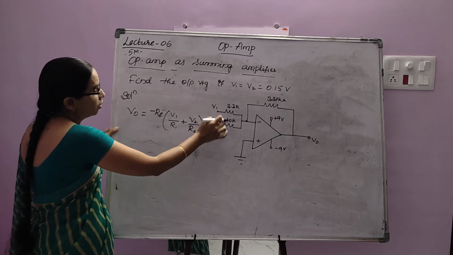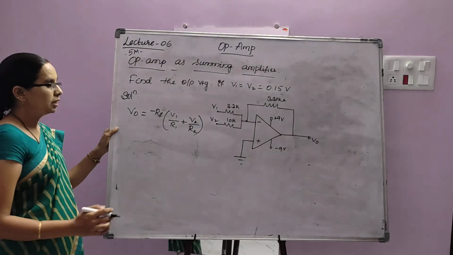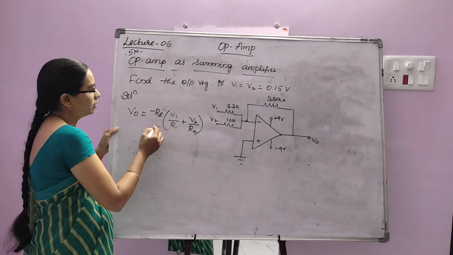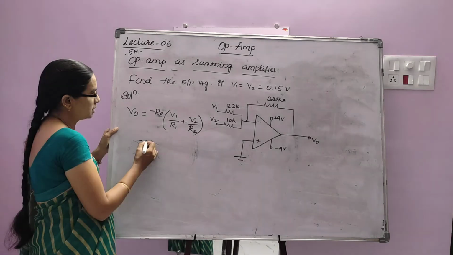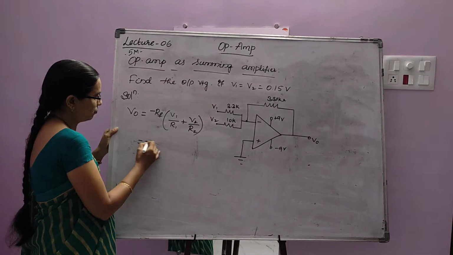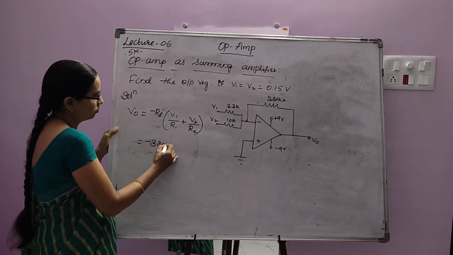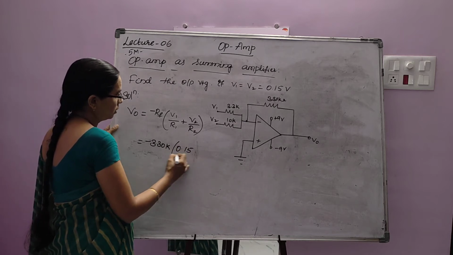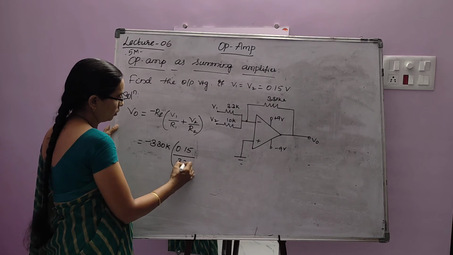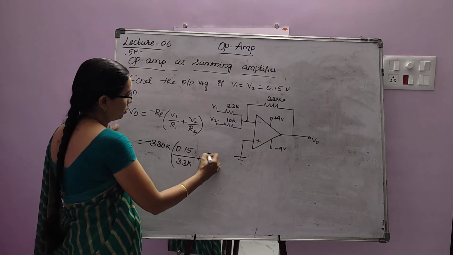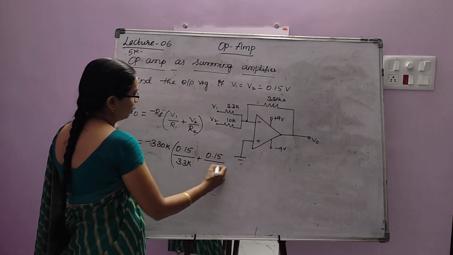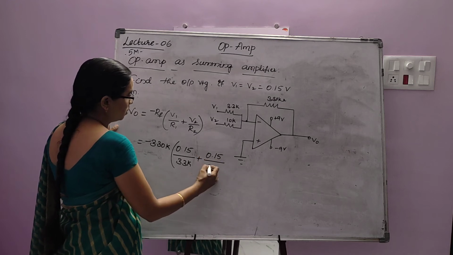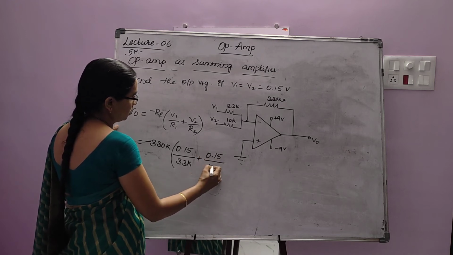See here only two voltages are given. Minus RF is 330 kilo, V1 is 0.15 divided by 33 kilo plus 0.15 divided by 10 kilo.